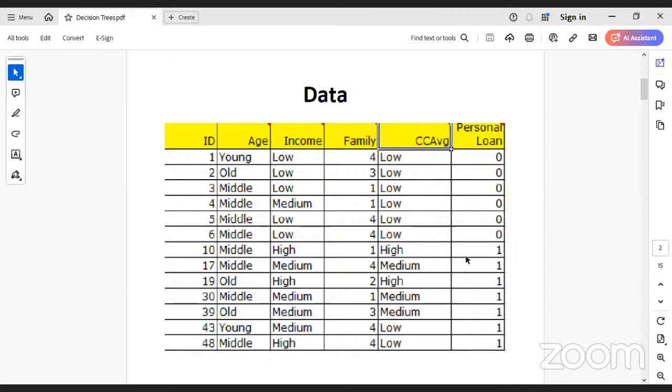If they do not add the ID column and are left with only age, income, family, CC average, then any one attribute is coming on top, meaning that particular column has the highest information gain. But when the ID column is kept as part of the independent attributes, invariably the ID column gets the highest information gain value.